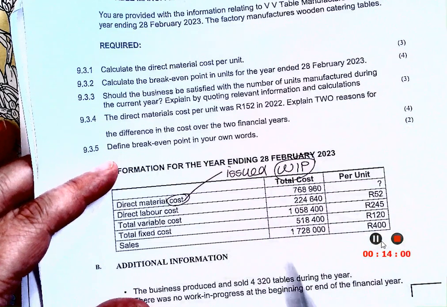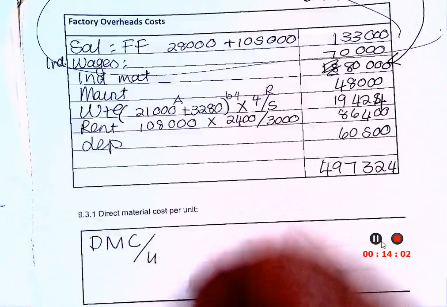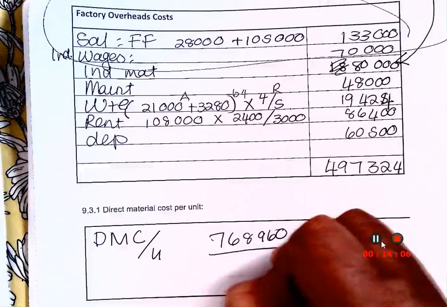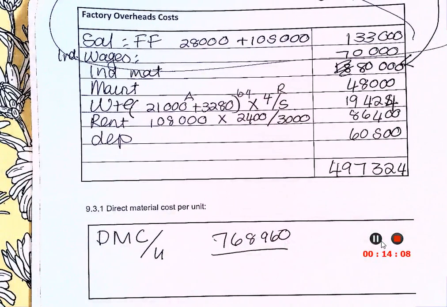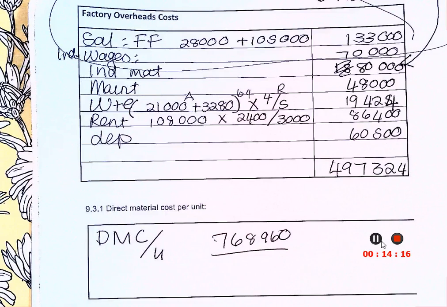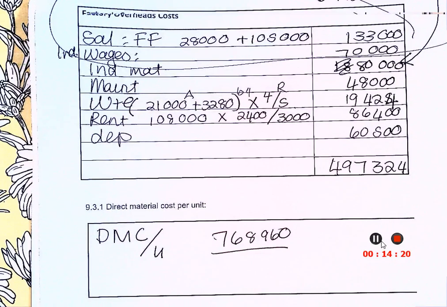So they say my total cost is 7,689.60. How many units did I produce? So I say this nice and loud. You always use the produced units unless they ask selling price per unit. It's the only time you will use the sales, the unit that was sold.